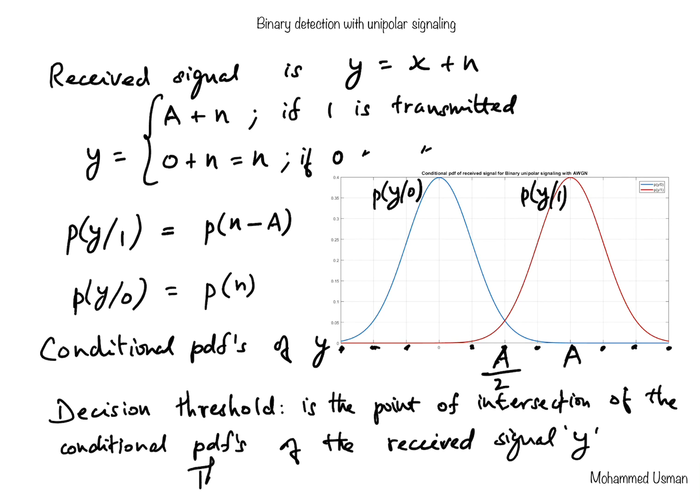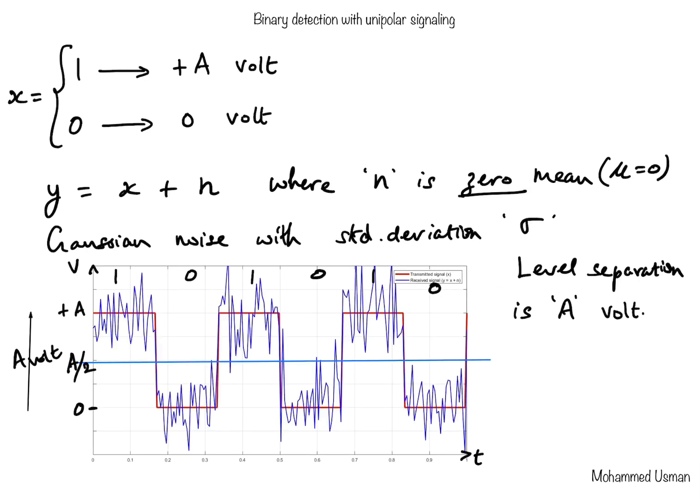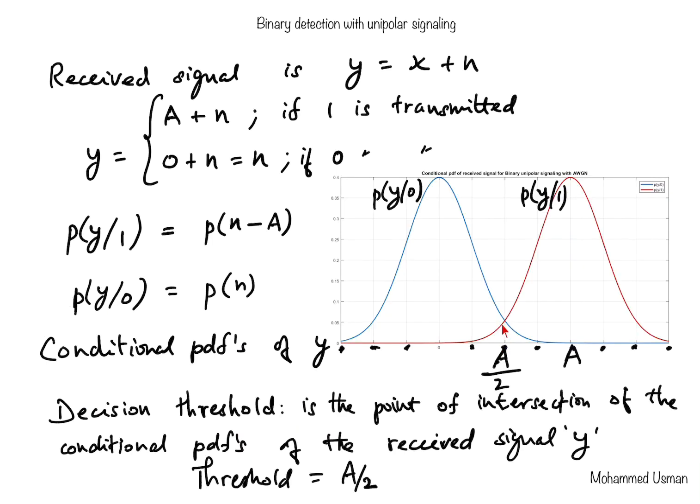So the threshold we are going to choose is A by 2, which is exactly the halfway point between 0 and A. In the case of the PDFs, that corresponds to the point of intersection, the x-axis value at which the two PDFs intersect, and that is A by 2 as well. So we have now defined our decision threshold.